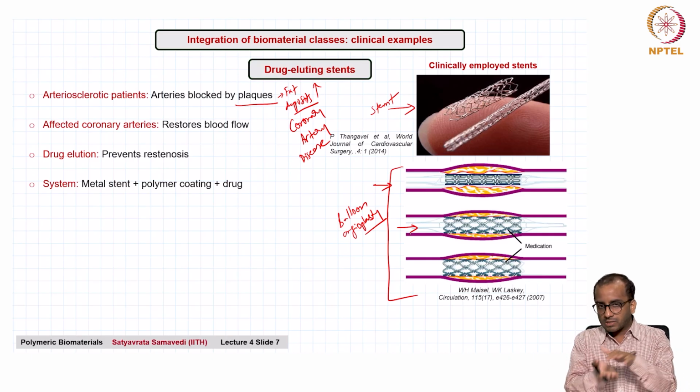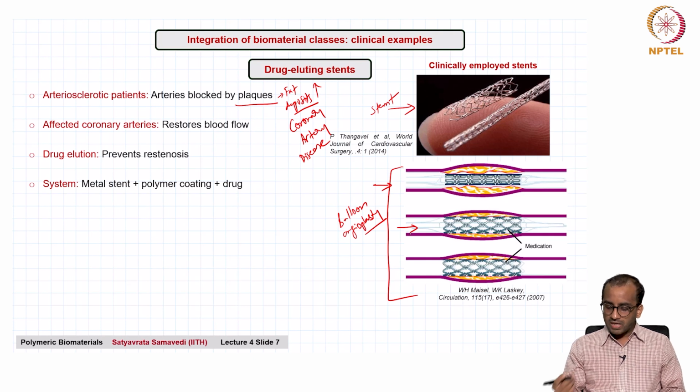Now that expands the blood vessel itself back to its original shape and size, thus restoring the blood flow. And then the balloon is deflated and brought out, right? And then the stent continues to remain there, assisting blood flow.